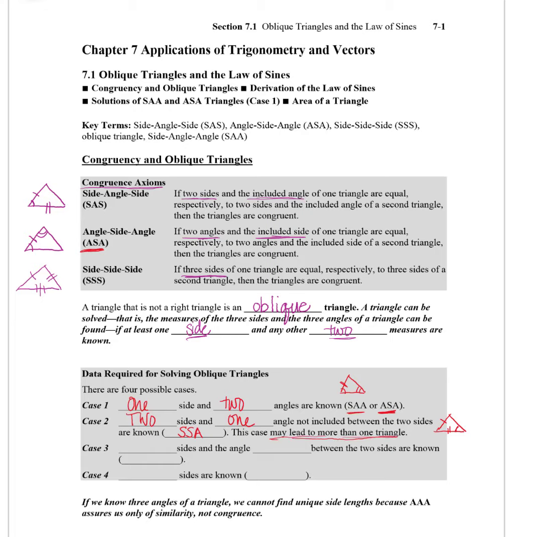Case 3 is when we're given 2 sides and the angle included between them. And this is the SAS case. We already saw that up here, where you have 2 sides and the angle between them. Case 4 is when 3 sides are known, and this is called the SSS case.